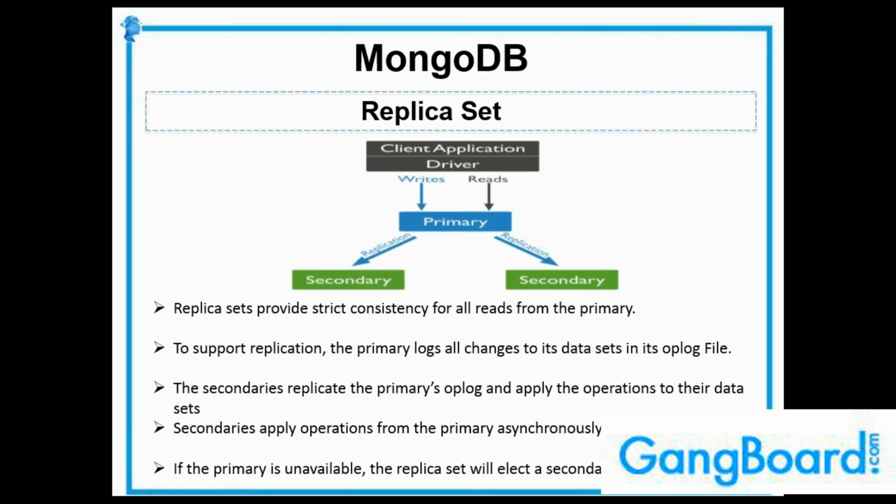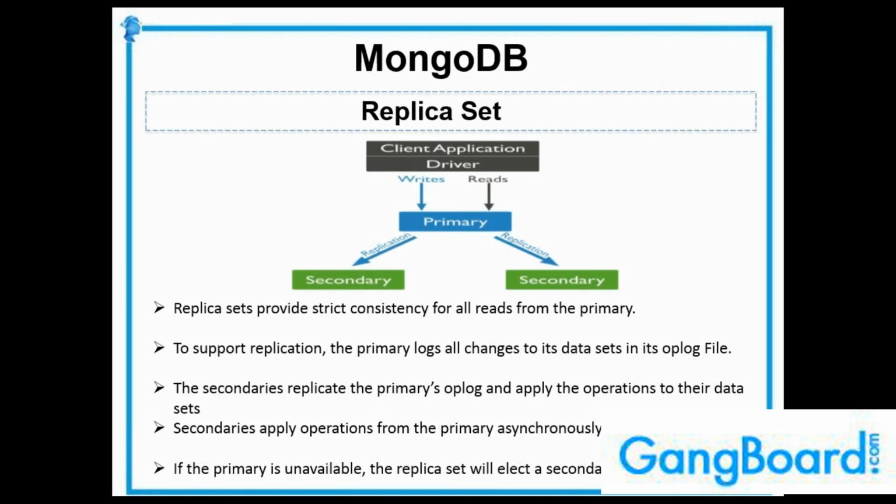Again, OpLog is a capped collection. It will take 5% of your disk space. If you have given 10 GB for the /data directory, what is 5% of 10 GB?